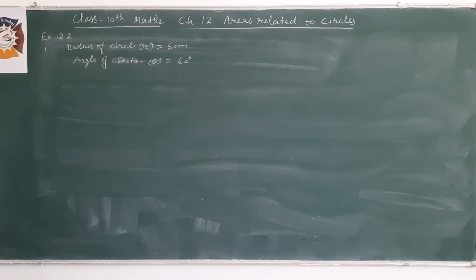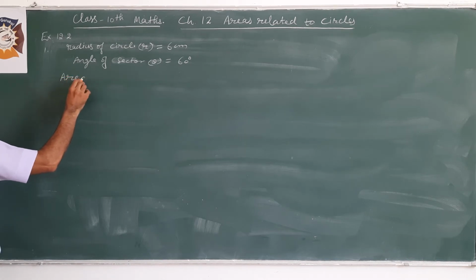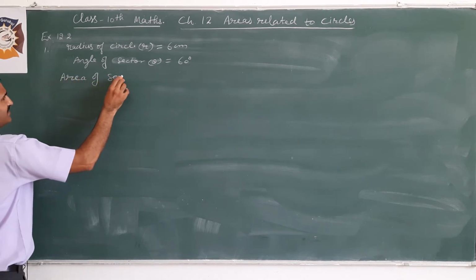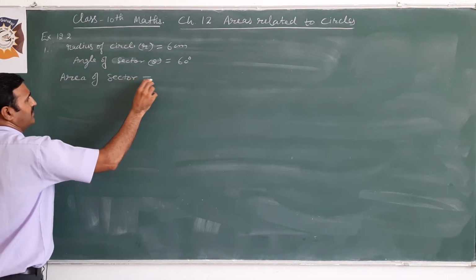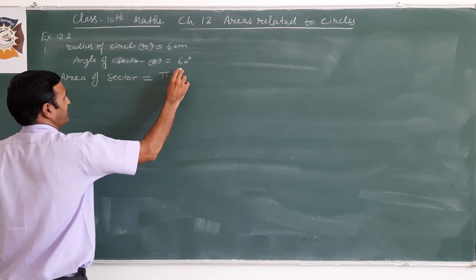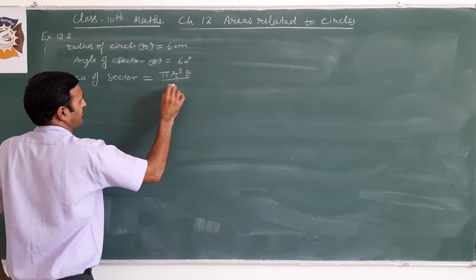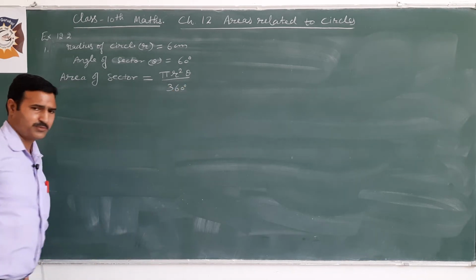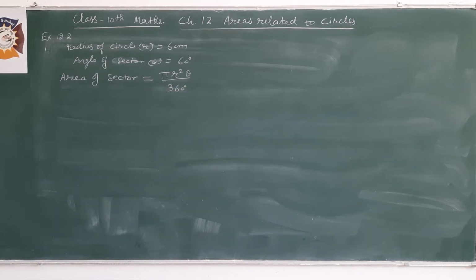Directly we will use the formula for area of sector. Area of sector is pi r square theta upon 360 degree. Put the values of pi, r and theta.